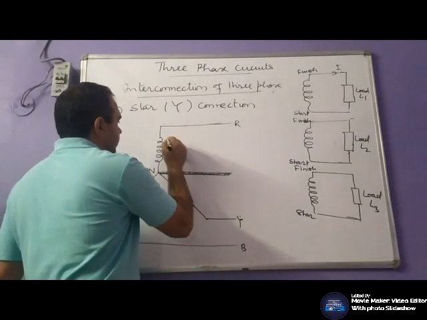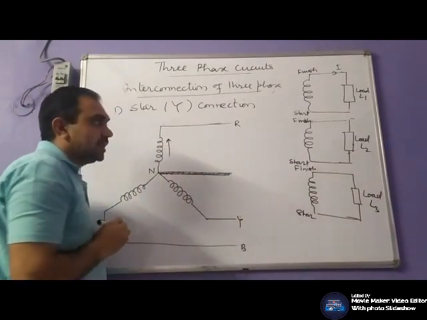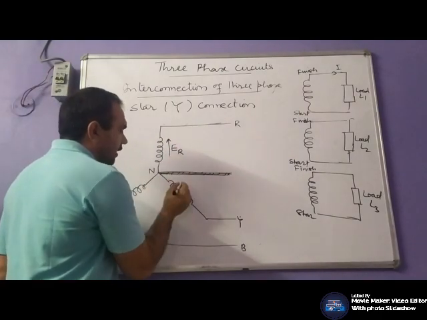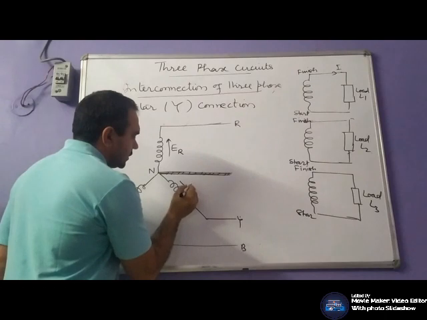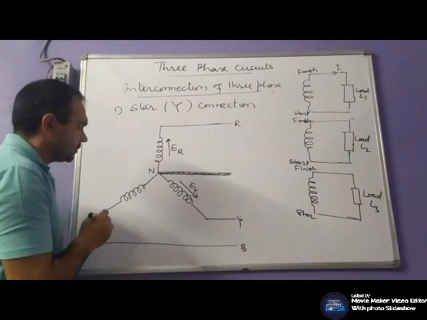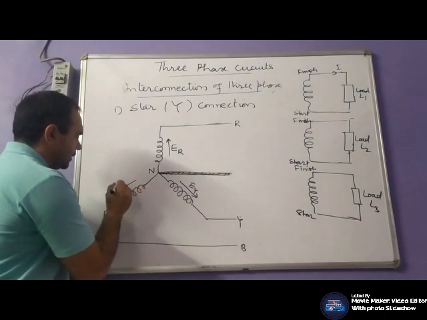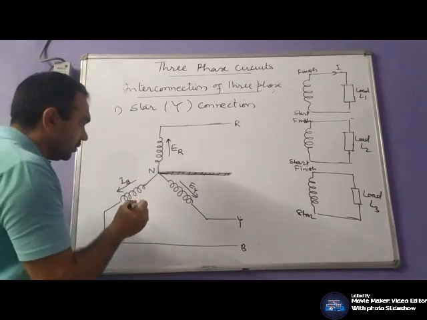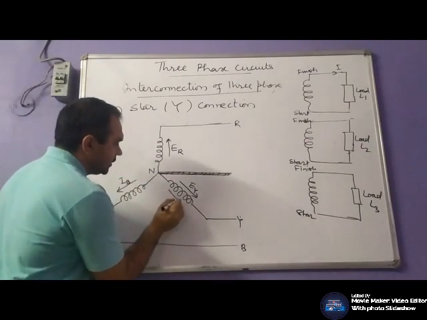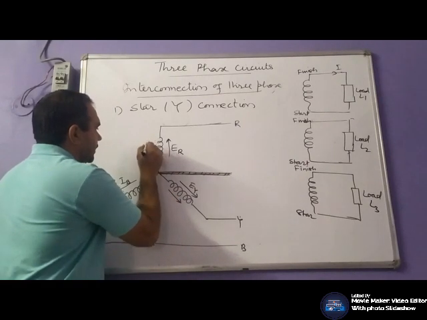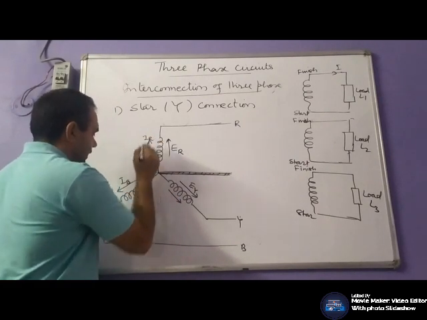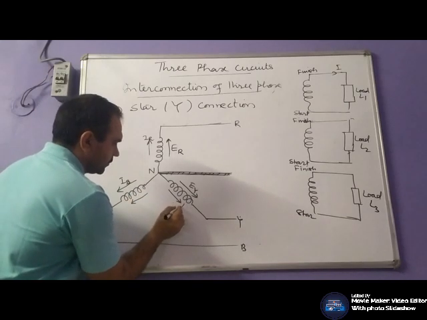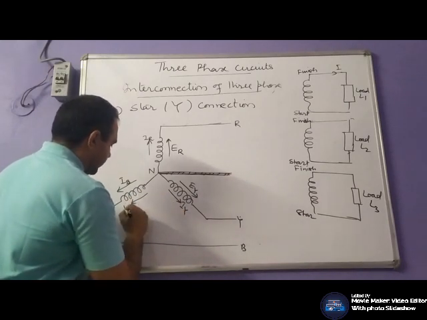Let the EMF induced in these coils be denoted by ER, EY, and EB. Correspondingly, the currents would be IR, IY, IB.